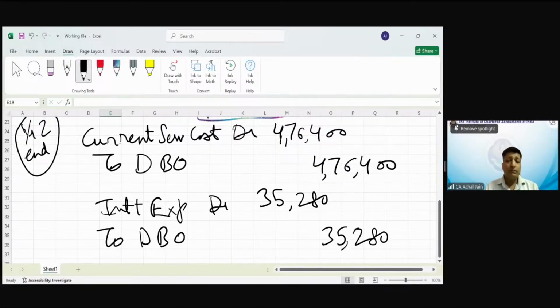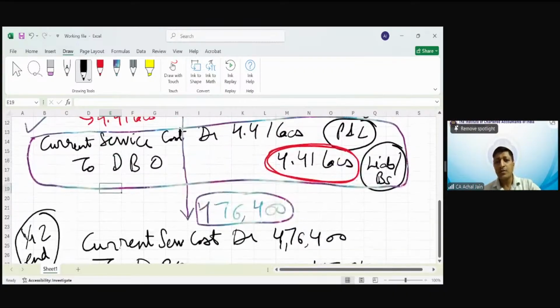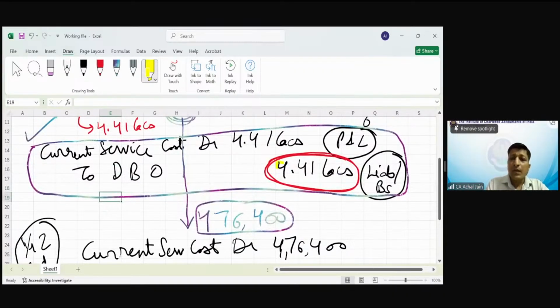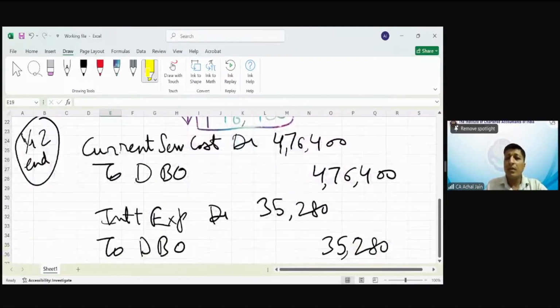So therefore, at the end of second year, what is going to be the total of DBO? You will have to take the total of three items. What are those? 4,41,000 plus 4,76,400 plus 35,280. So can you give me the total?